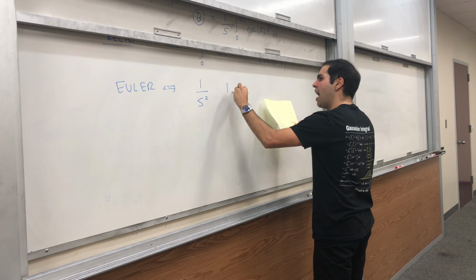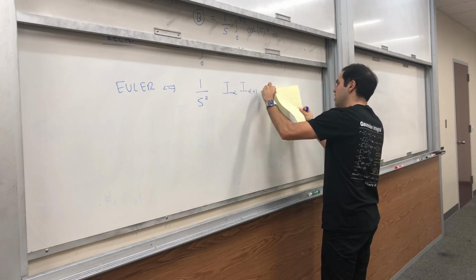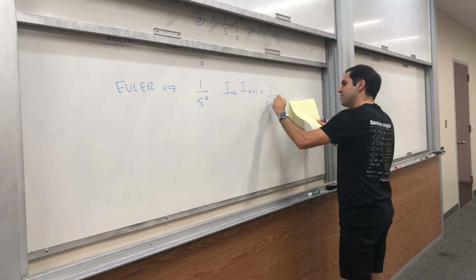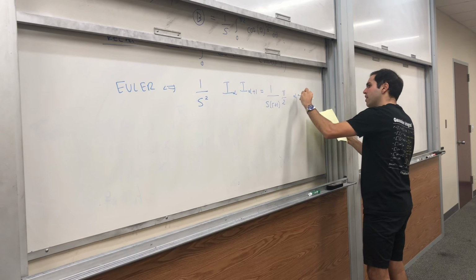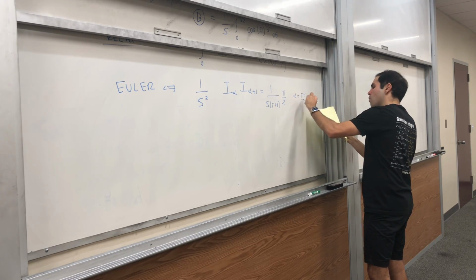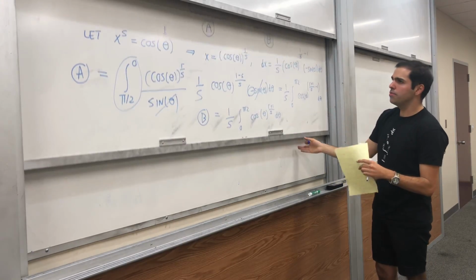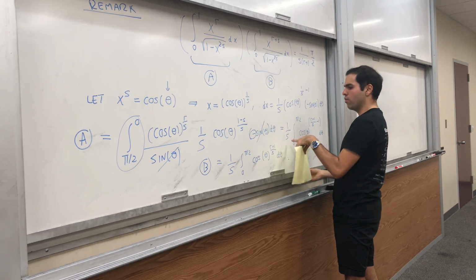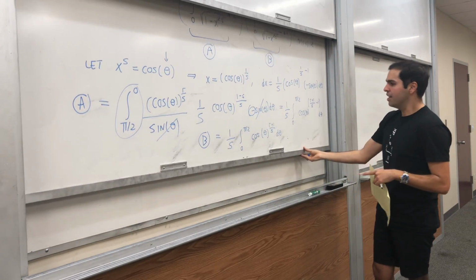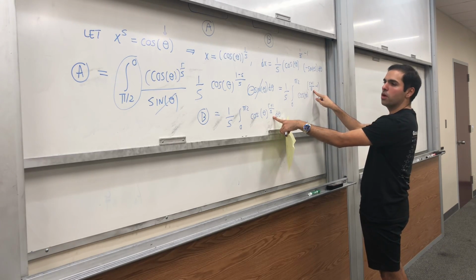And then I_alpha times I_alpha plus 1 equals 1 over s times r plus 1 pi over 2, where alpha is r plus 1 over s minus 1. Because all I'm saying is we get the factor of 1 over s here and 1 over s here, and then notice this exponent is just 1 more than this exponent.